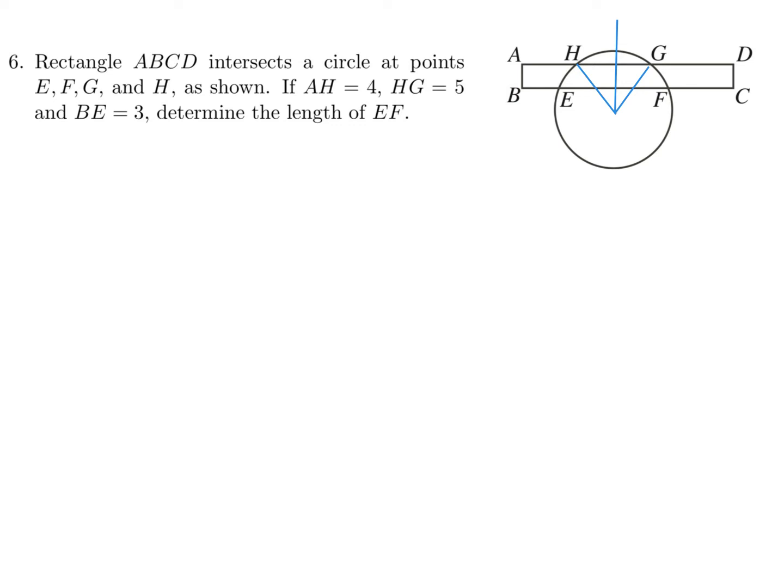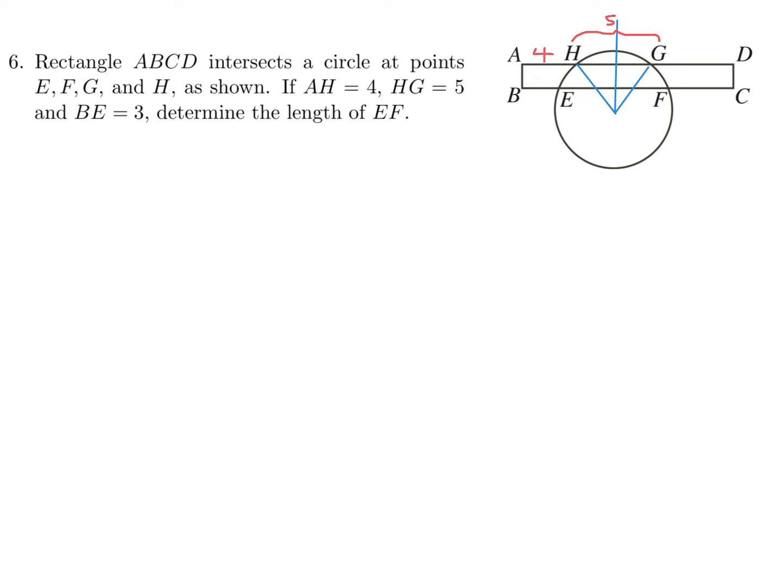Yeah. Okay. So let's see if I can explain this. All right. So AH is 4. So from there to there, they're saying is 4. And then HG from there to there is 5. So this whole thing is 5. But the problem, though, is that we don't really care about HG. We just care about H to that midpoint, right?